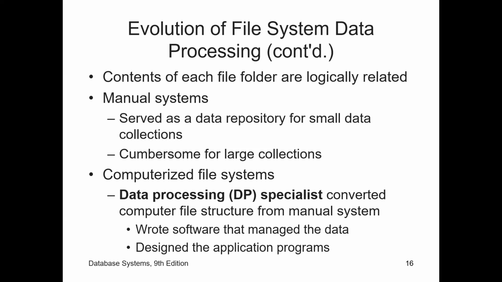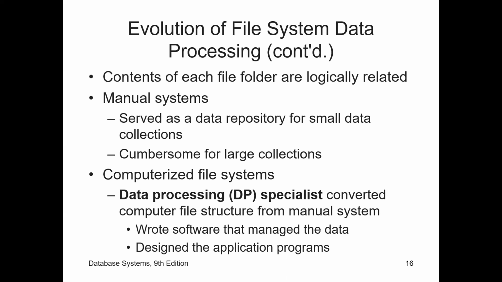However, as organizations grew and as reporting requirements became more complex, keeping track of data in a manual file system became more difficult. Therefore, companies looked to computer technology for help. Generating reports from manual file systems was slow and cumbersome.